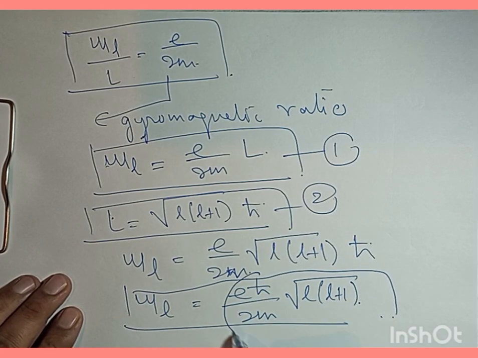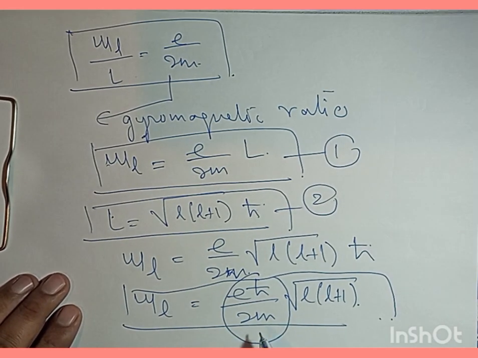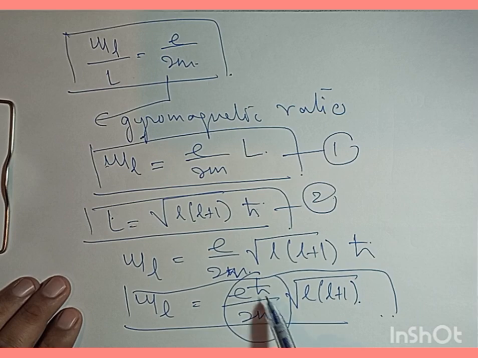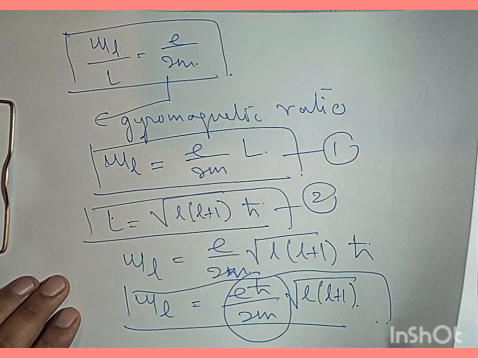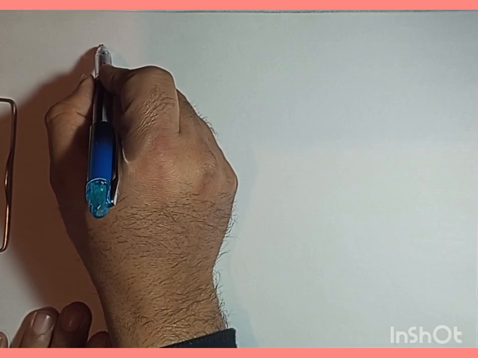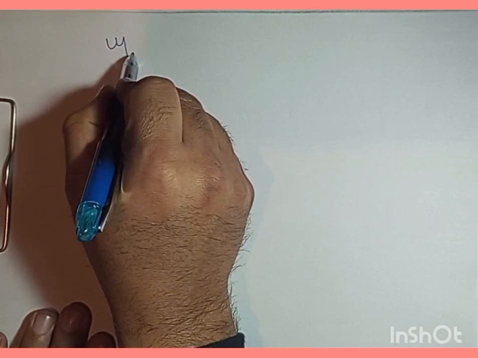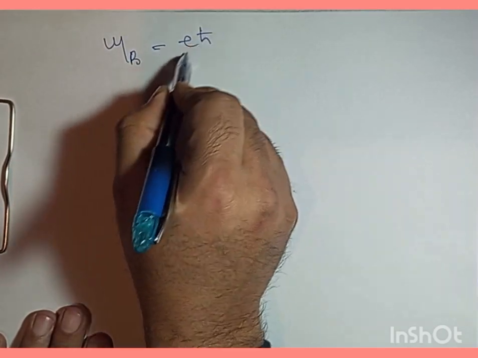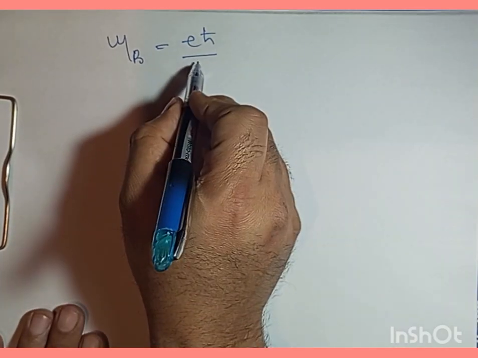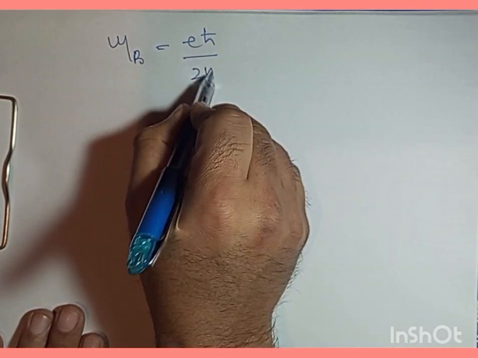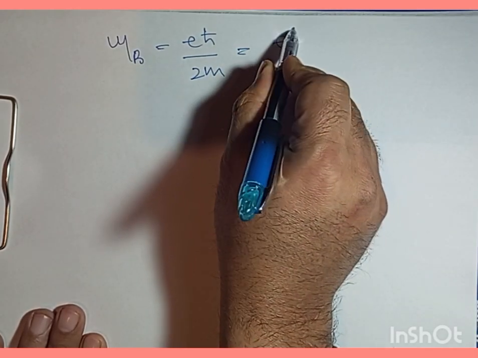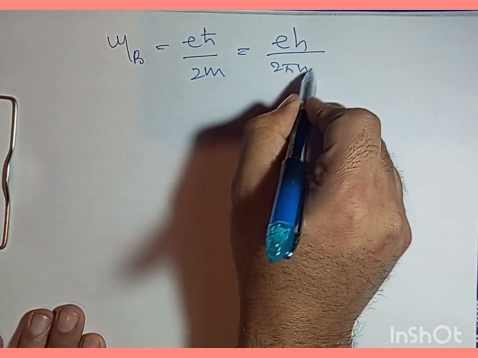Now this thing that we have here, which is e h cross by 2m, is all made of constants, and this is what's called the Bohr magneton. So this mu b is e h cross by 2m, that is e h by 2 pi m.